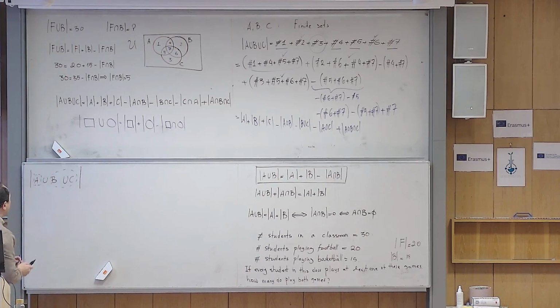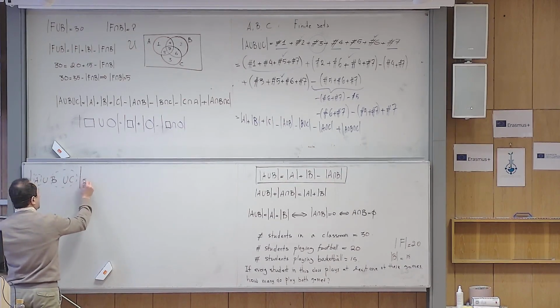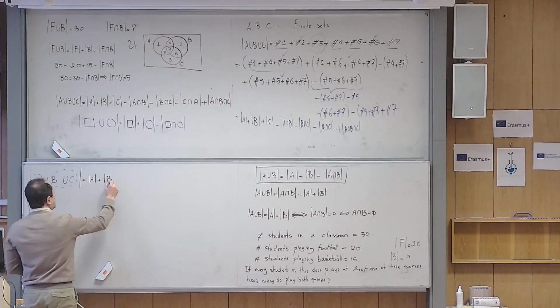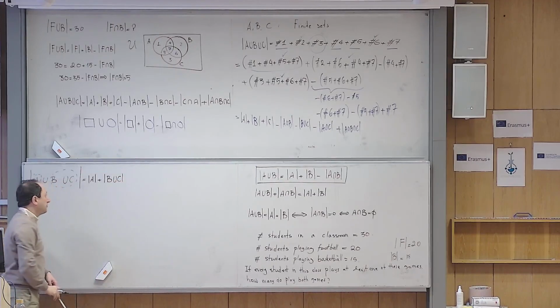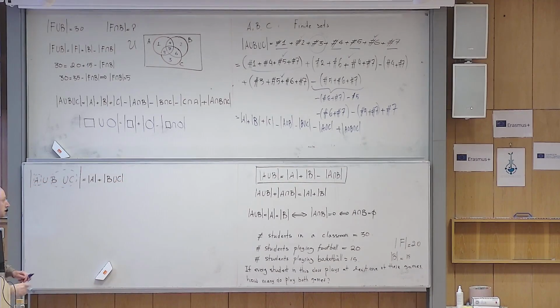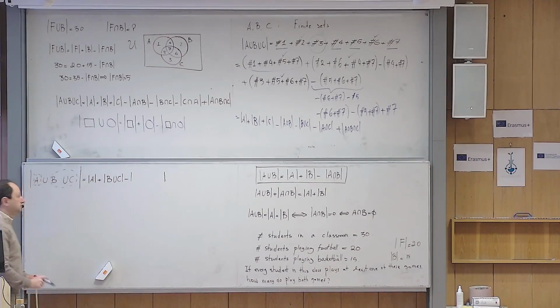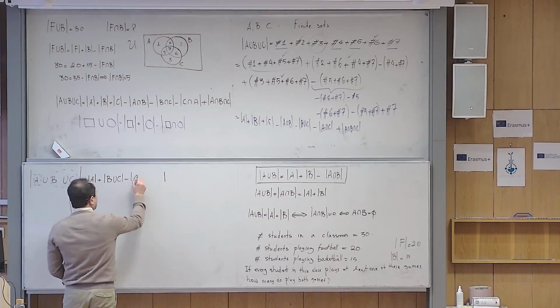So what can I do now? I can immediately use the formula for two sets. So it becomes the cardinality of the first one plus the cardinality of the second one, but minus the cardinality of, what should I write inside there? Yes? A intersects with B union C.